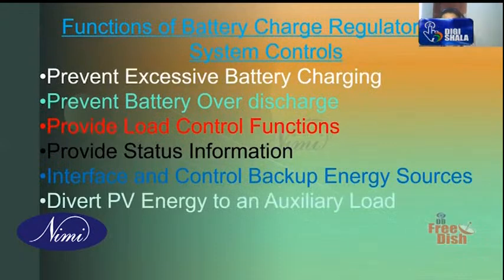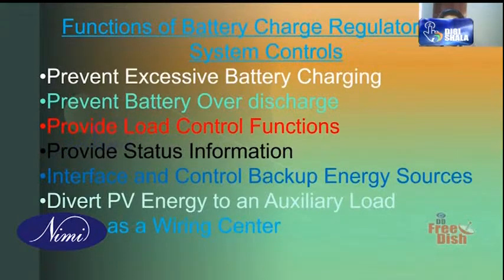It is diverting PV energy to an auxiliary load. While your battery is getting charged, it can also supply other loads from the solar module. If the battery doesn't require that much power, the excess power can be diverted to the load. So battery charging and the load, for example a DC load, can be energized simultaneously.